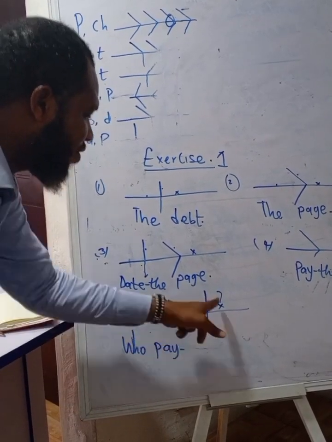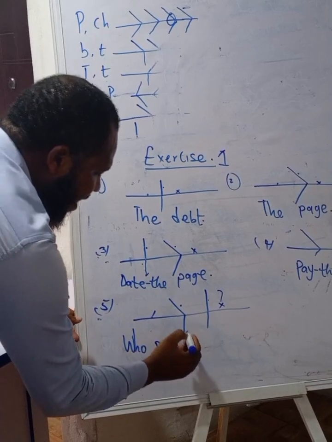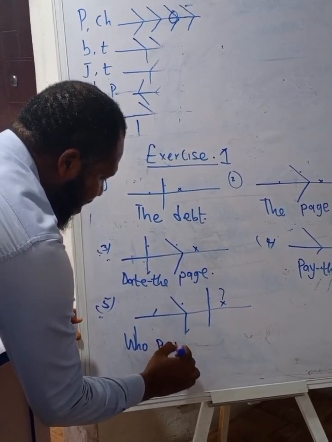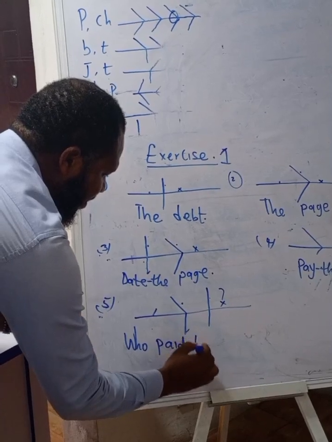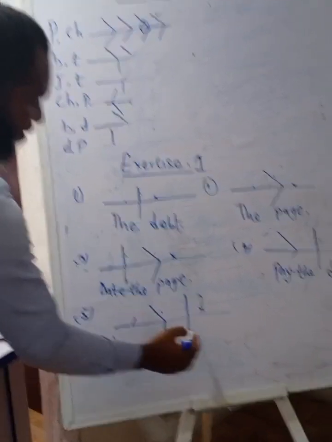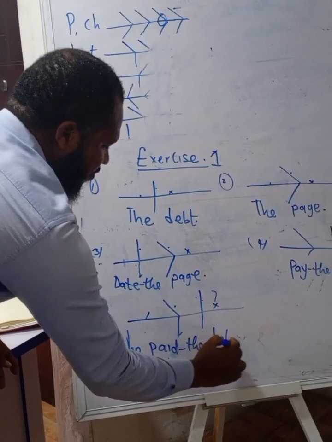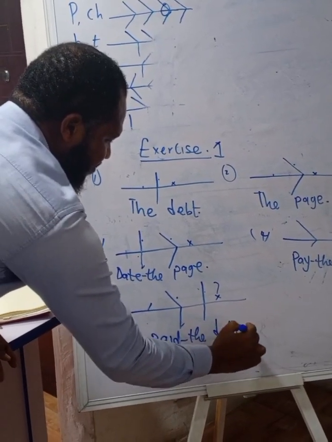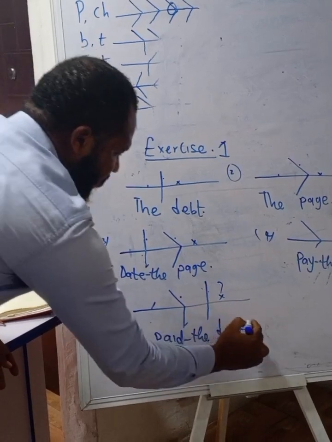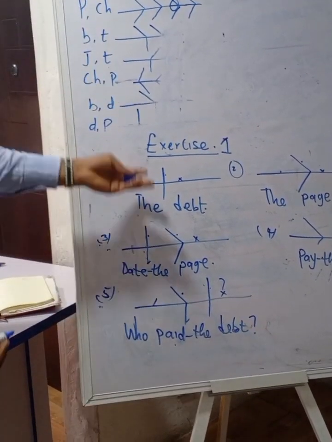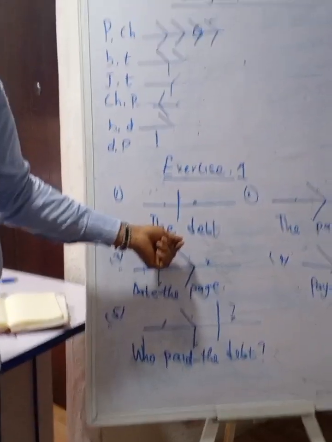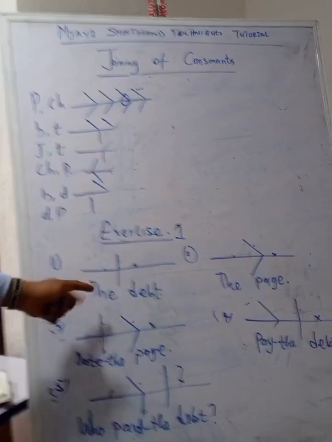Sorry, it's not pay, it's paid. That's an error. So we have P, A, D, paid D. Who paid the debt? You have your question mark because it's a question. Who paid the debt? So we have done that.